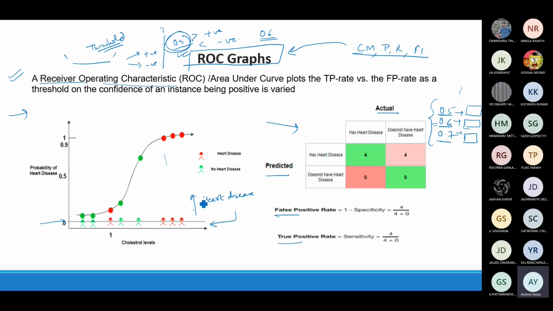According to the model, everything above this threshold has heart disease. So in this case, the model predicted each and every sample to have heart disease. However, according to the actual values, only 4 persons were having heart disease, but the model predicted everything above 0 to have heart disease.